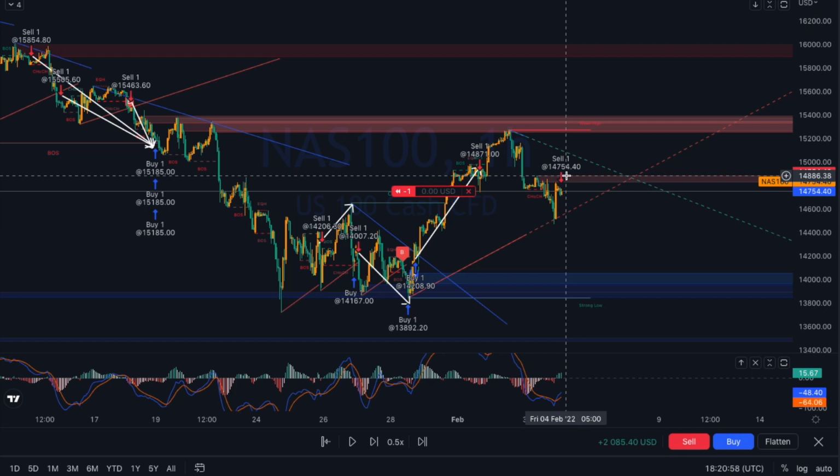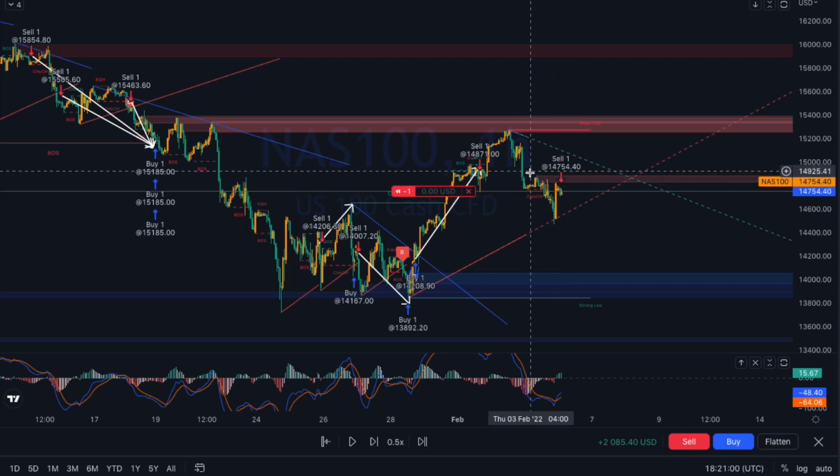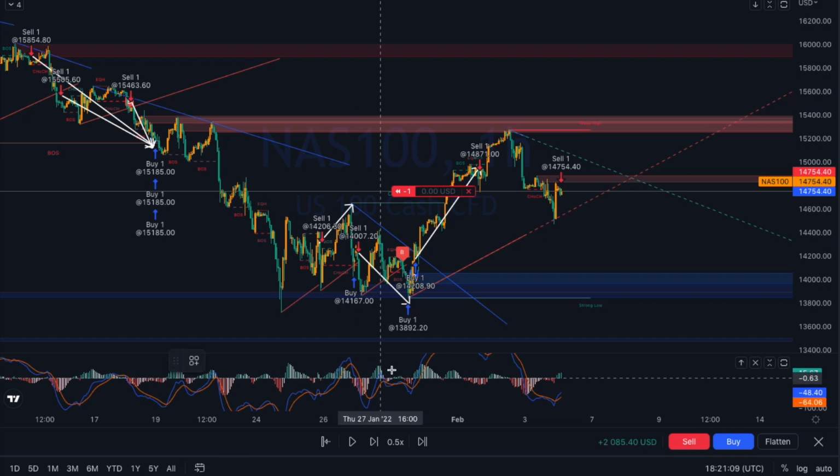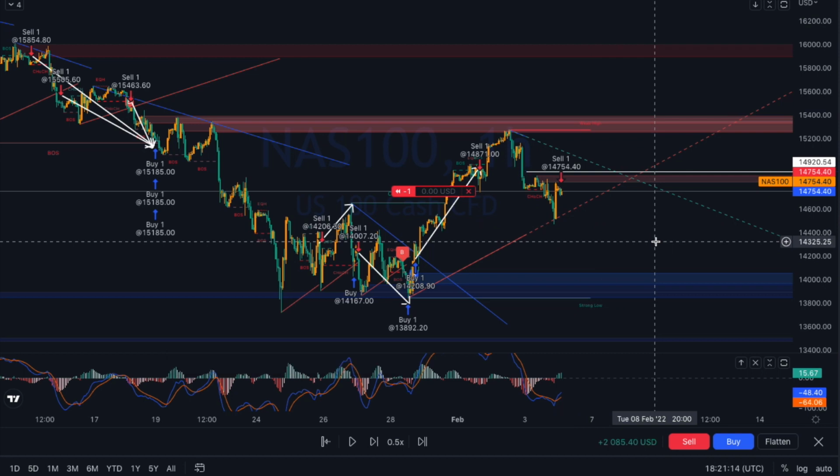Obviously it flashed. And now if I'm wrong, I'm wrong. We're going to put our stop right here, because this is a bit of a risky move. Price pushes above that level, we're out. Okay, let's go.